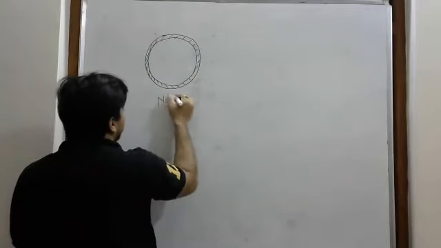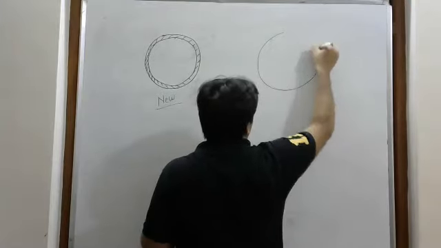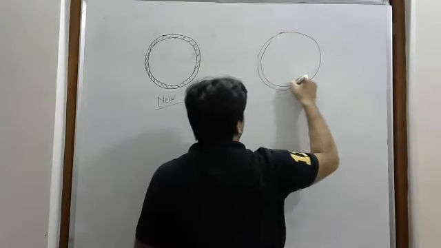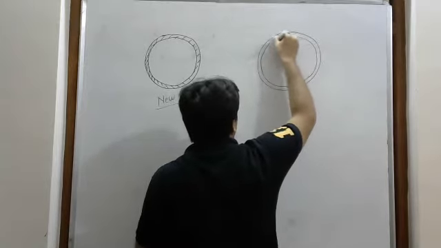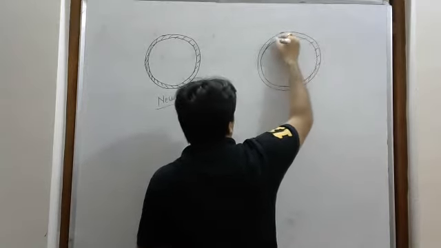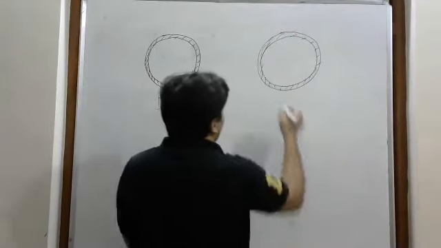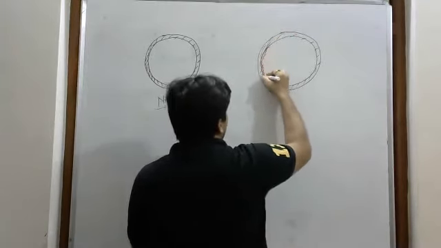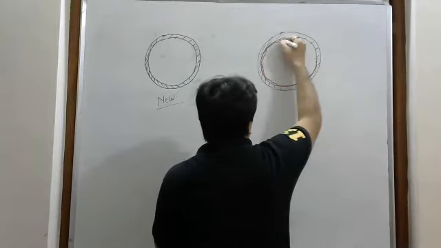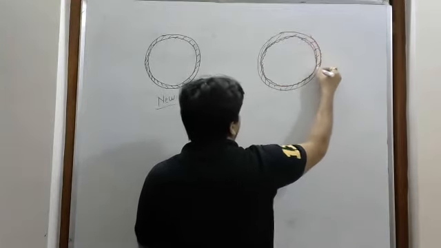Now, if I take another heat exchanger that is not new, after using it for 1 month, 2 months, or 10 days, 5 days, it is old. What happens in this one? One layer is going to form on the inside surface, and one layer on the outside surface.